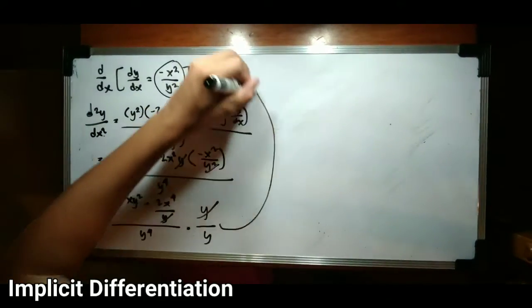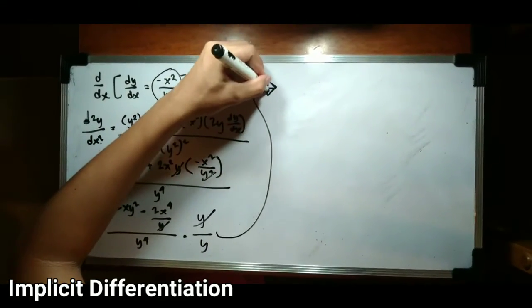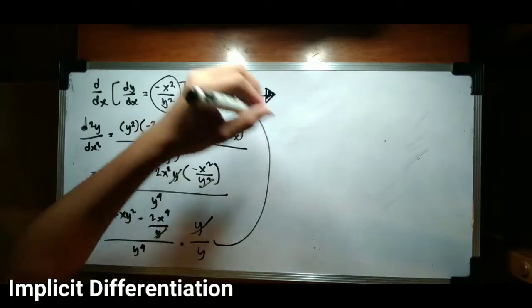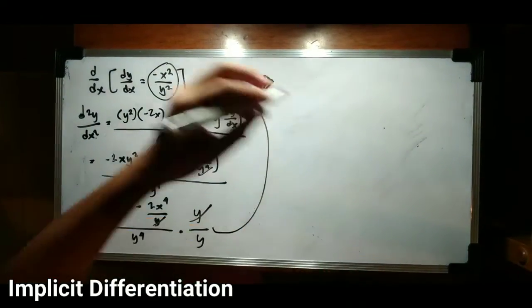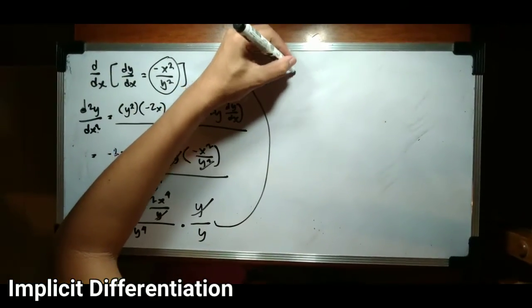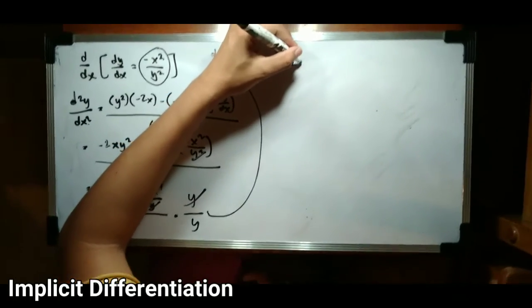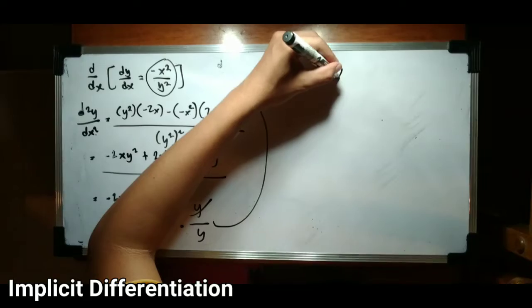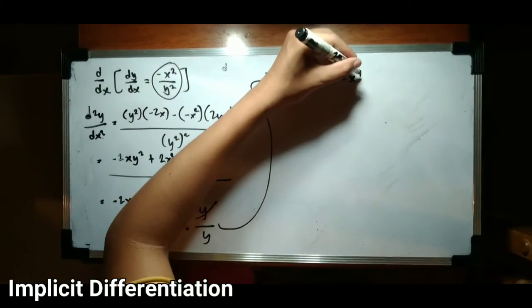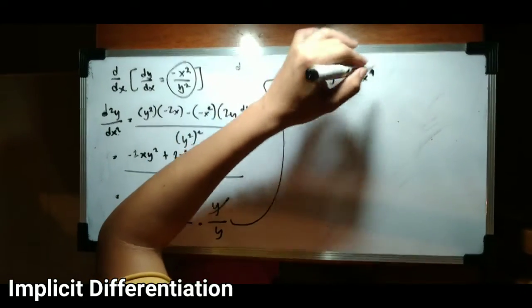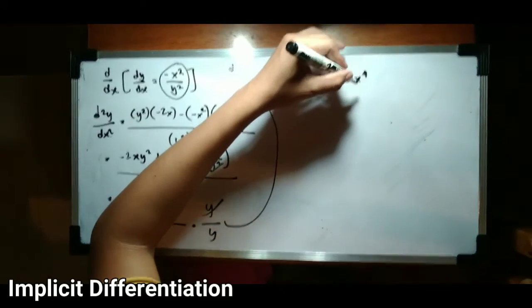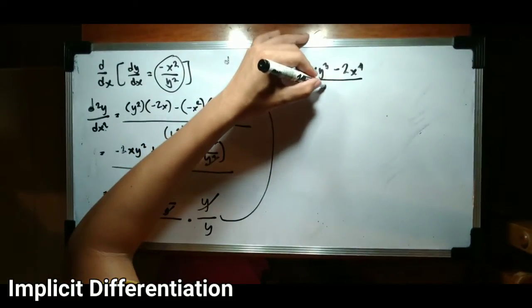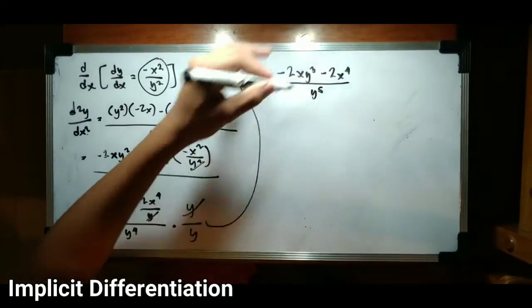So this will become negative 2xy cubed minus 2x raised to 4 over y raised to 5.